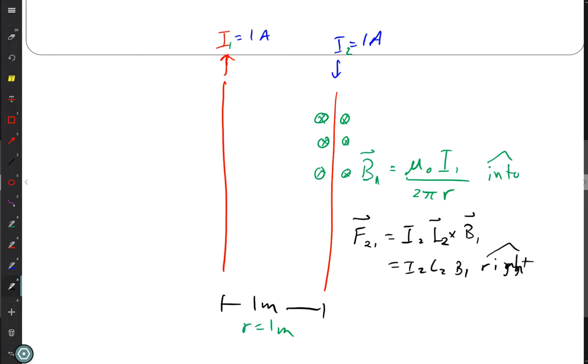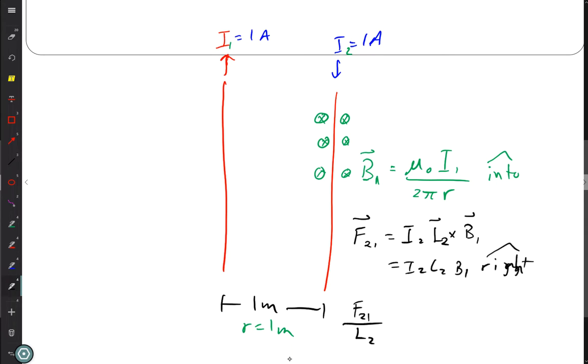Now, what is L2 here? It's infinity. This is where you start to say, wait a minute, I don't think this works out right. Well, all we do is we divide both sides by L2. So we do force 2, 1, and I'm going to drop the directions now. We have the direction.